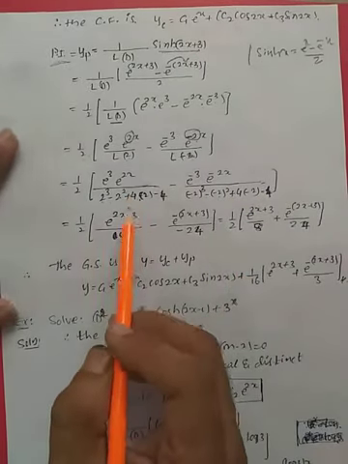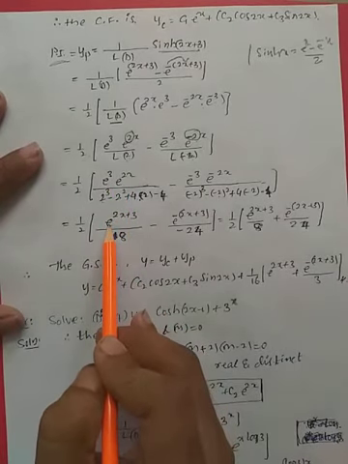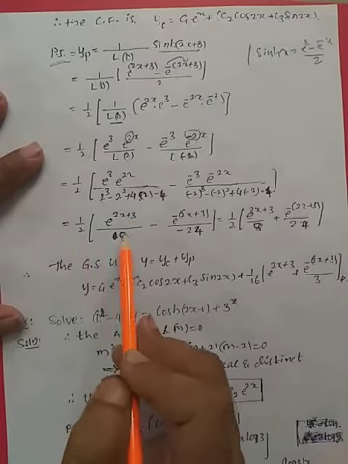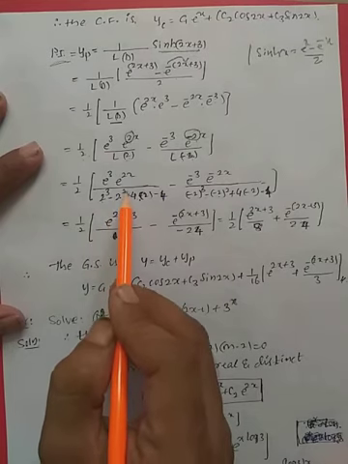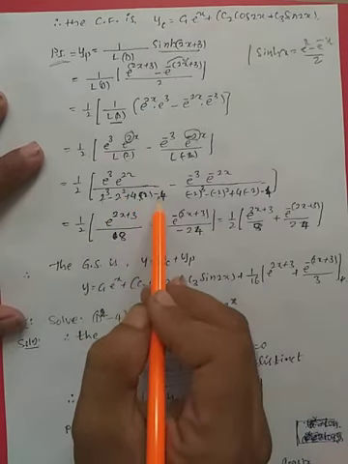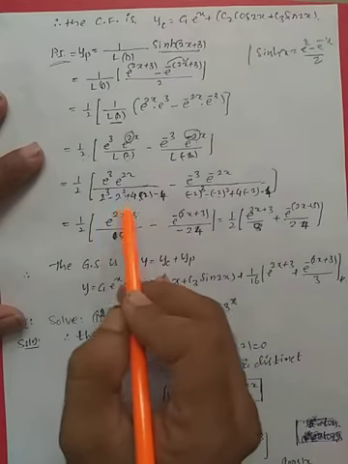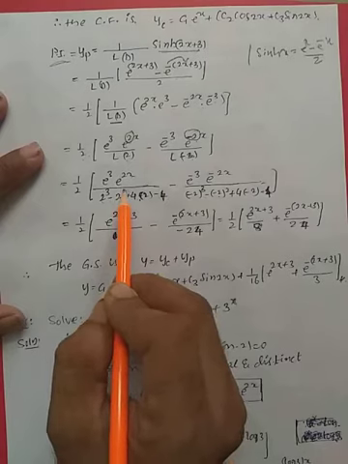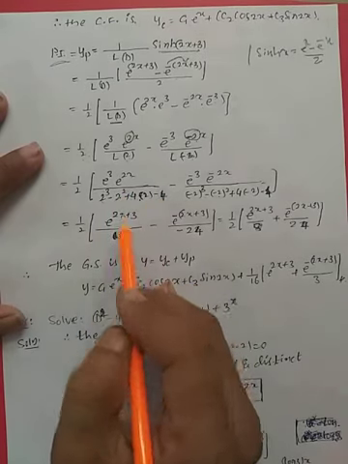If you simplify this, again rewriting in the original form using the theory of indices, e to the power (2x plus 3) divided by, it becomes 8. That is, 2 cube is 8, 2 square is 4, 4 into 2 is 8, so 8 minus 4 plus 8 minus 4 gives 8 plus 8 is 16, minus 8 is 8.